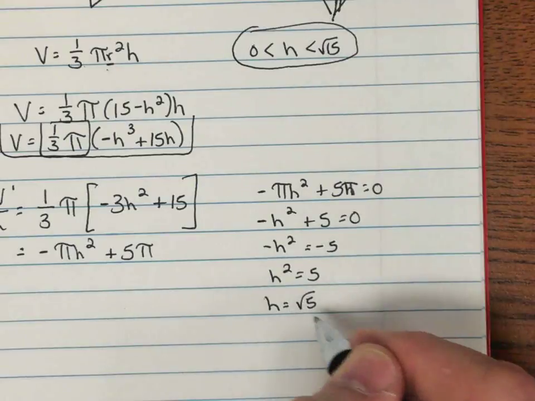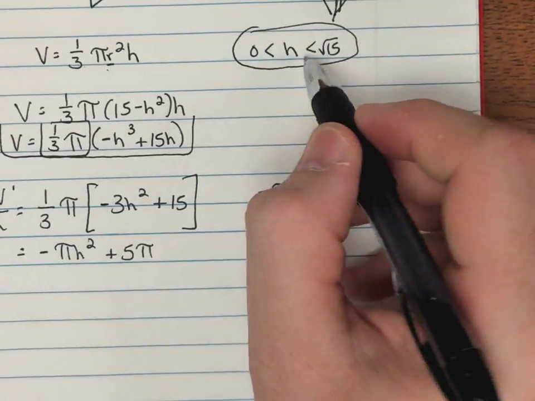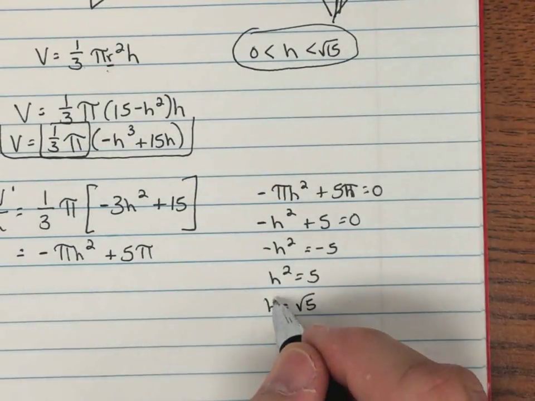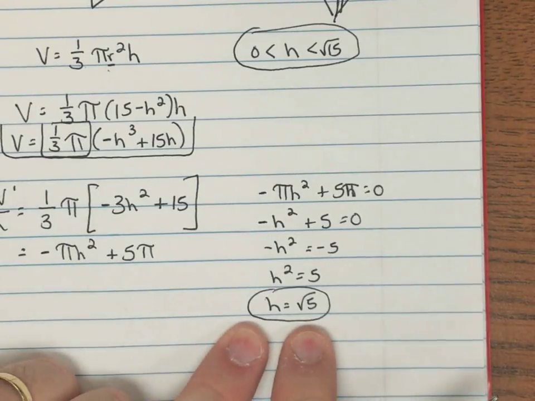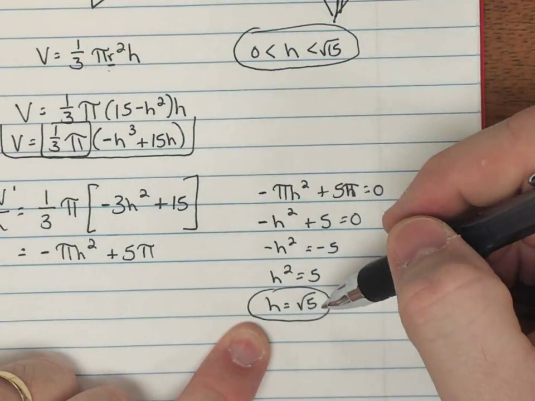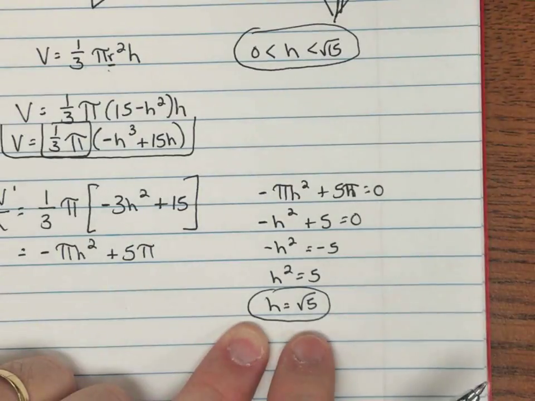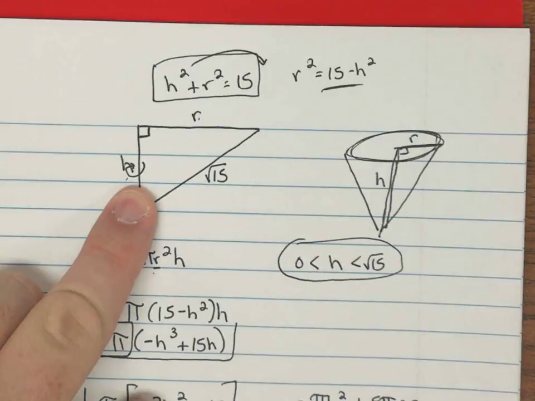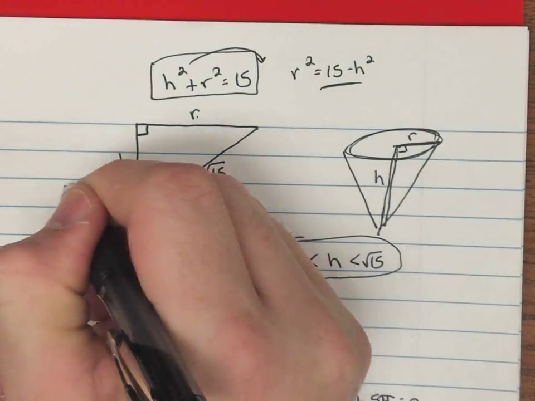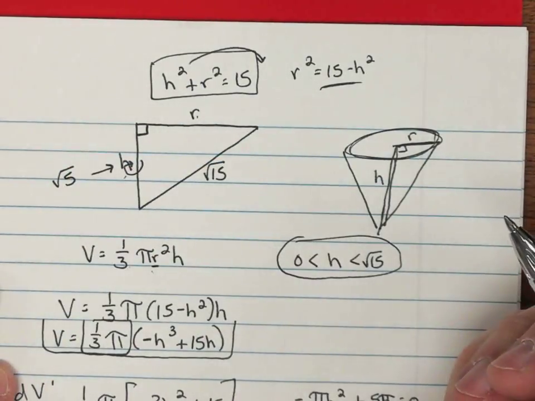You do not have to worry about plus or minus, because h is between 0 and root 15. You cannot have an h that's negative. So that's going to be my height that maximizes volume. In order to find the radius that goes along with that, because they're going to ask you for it, go back here. We know that this is where the maximum volume is going to occur.